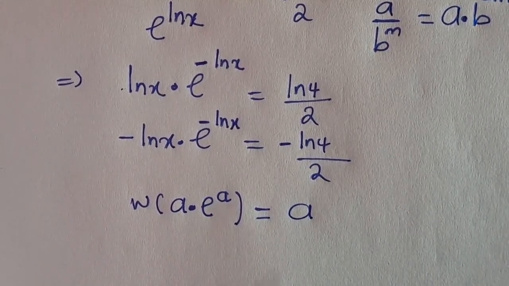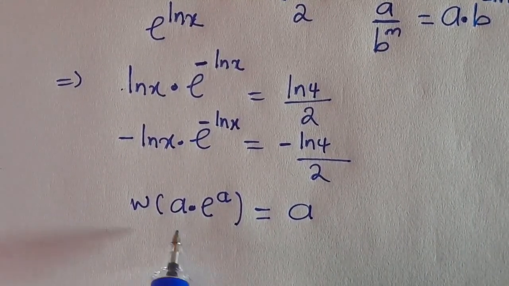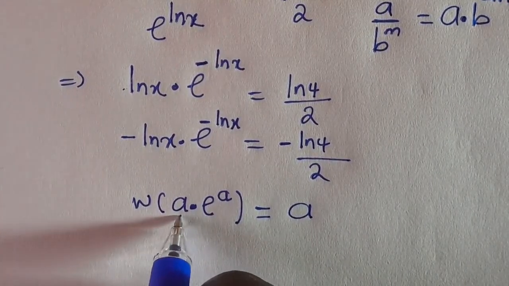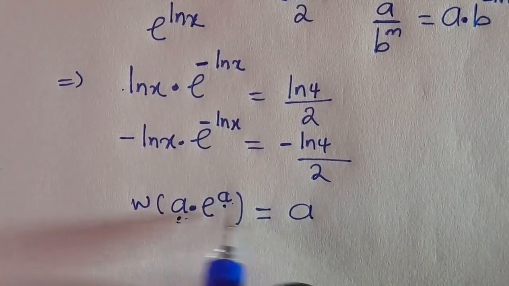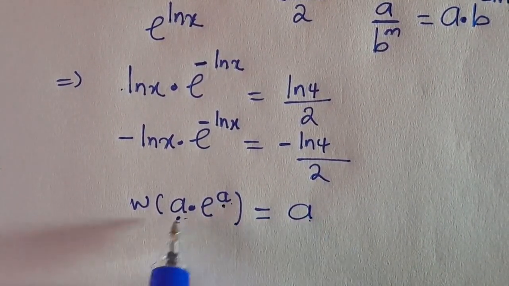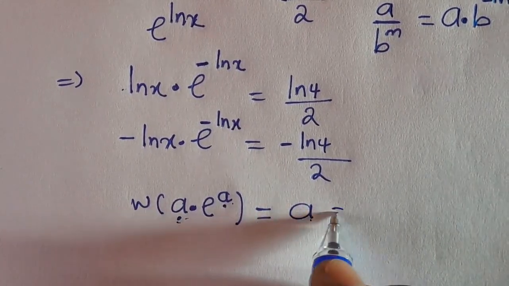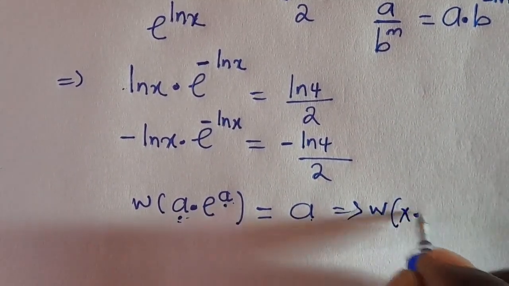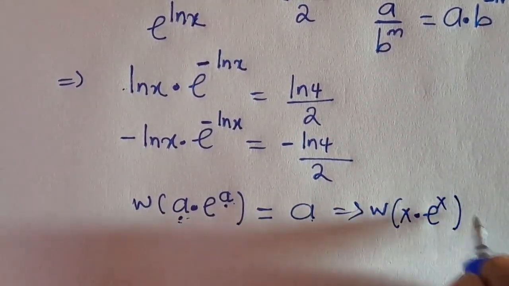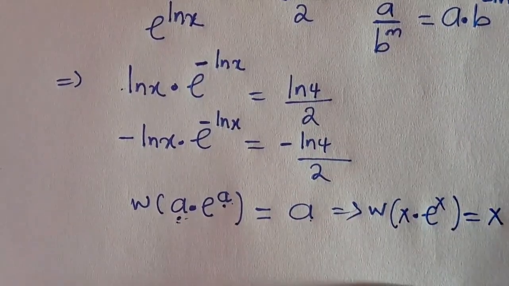The logic behind this is that we have to make sure that the base here and the power here must be the same thing before we can have the output. This implies also that when you have W of x multiplied by e to the power of x, this will give us back your x.